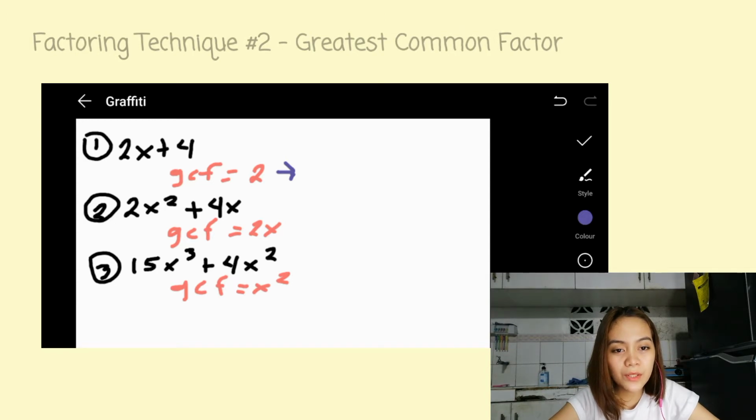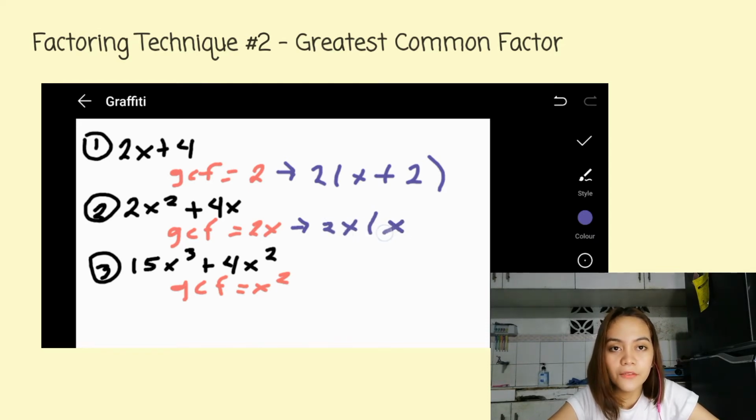So if you can reverse a distributive property, you are basically factoring using the greatest common factor, which means if we have 2x plus 4 with the greatest common factor of 2, if we divide 2x and 4 by 2, our quotient will be simply x plus 2, which means the factored form of 2x plus 4 will be 2 times x plus 2. And if we multiply out 2 times x plus 2 using the distributive property, notice that it will still equal 2x plus 4 because, as I've mentioned before, factoring is simply undoing the distributive property.